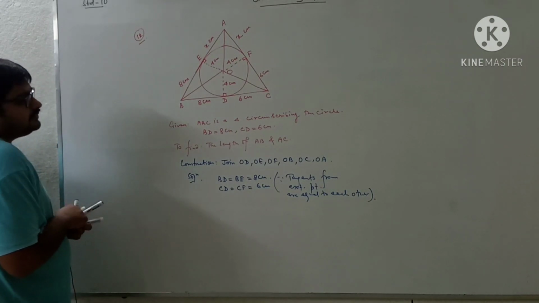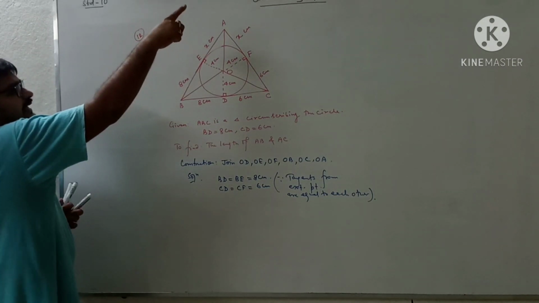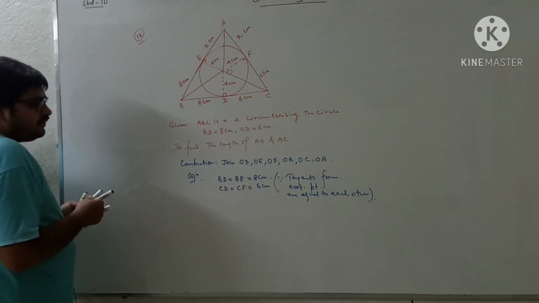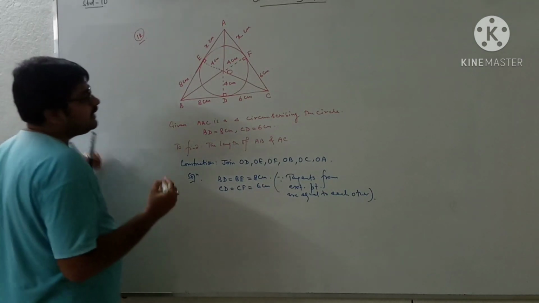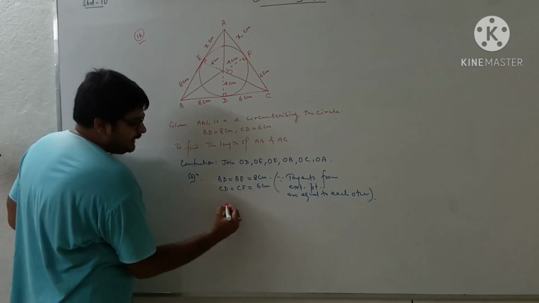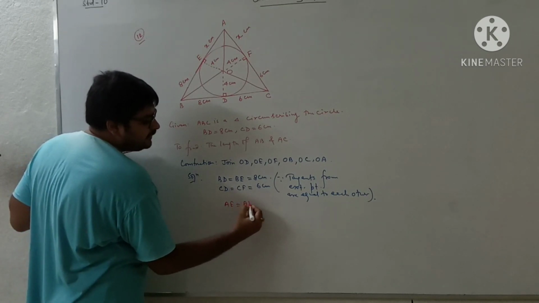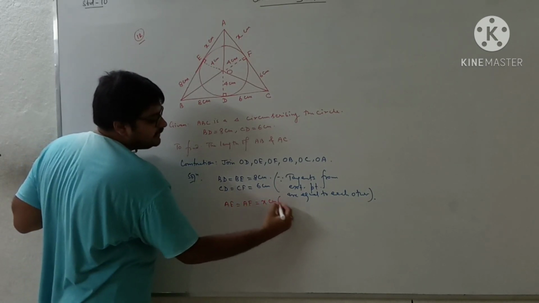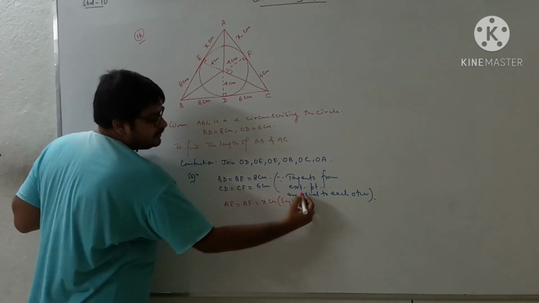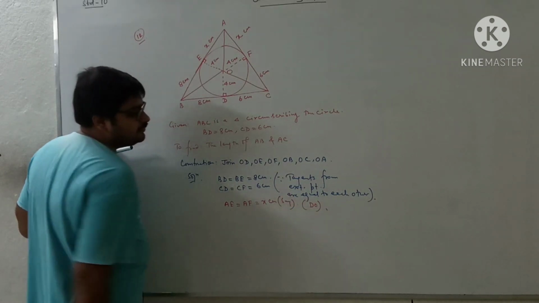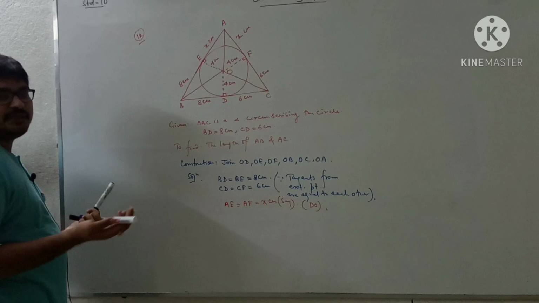Now from the external point A we have drawn the tangents AE and AF. So AE equal to AF equal to x centimeter, say. The same reason, tangents from the external point are equal to each other.